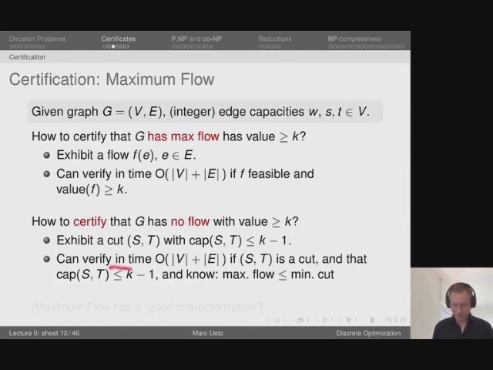And also that can be verified in linear time in the size of the network. So verification that this is indeed a network cut, and the capacity of the cut can also be computed easily. Okay. And knowing the max flow min cut theorem, I know that this is a valid certificate to prove that there is no flow with that value k. Okay, so also the maximum flow problem has a good characterization in the words of Edmonds.